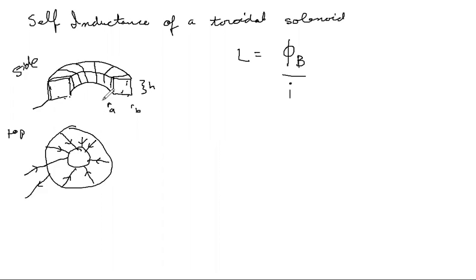We've already talked about how to find the magnetic field in such a toroidal solenoid. The field lines will run in the body of this loop, in closed loops like that.